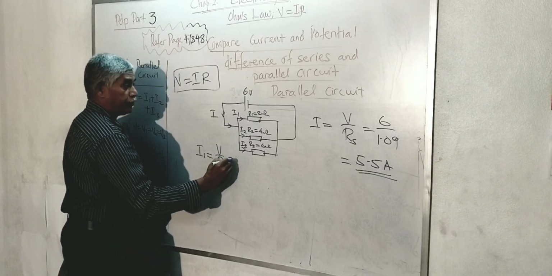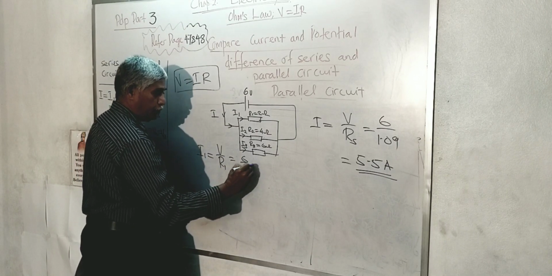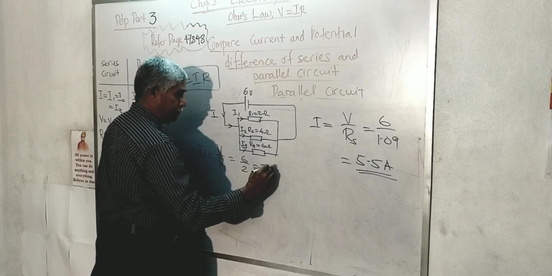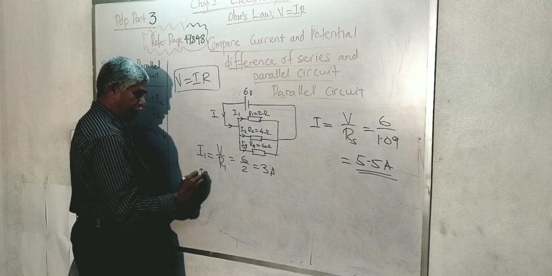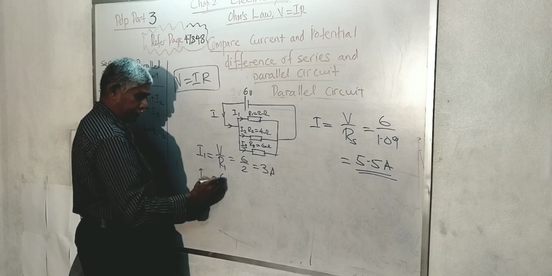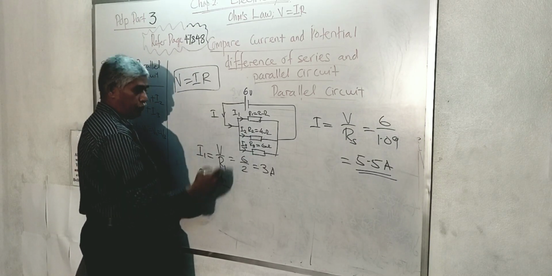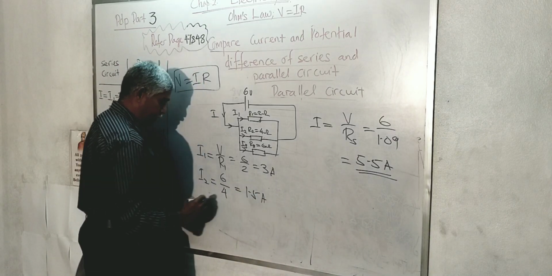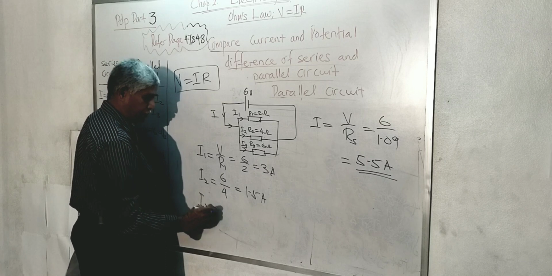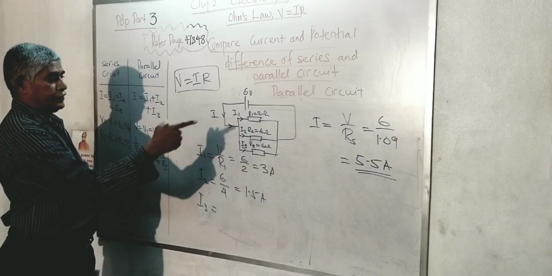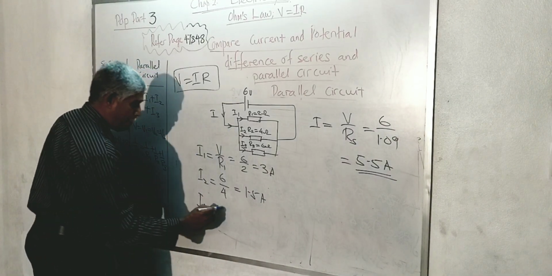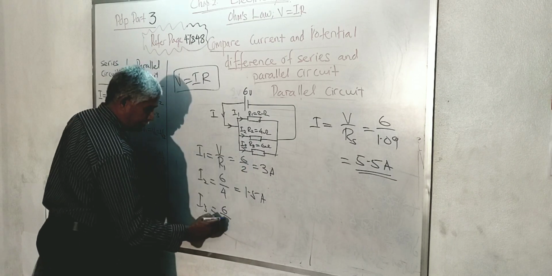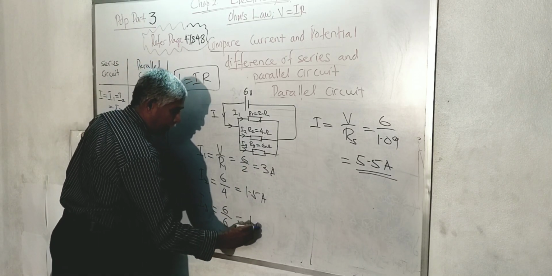So 6 divided by 2, you get 3 ampere. Then I2 is 6 over R2, that is 4. 6 divided by 4, you get 1.5 ampere. And then I3 is equivalent to 6 divided by 6. So you get 1 ampere.